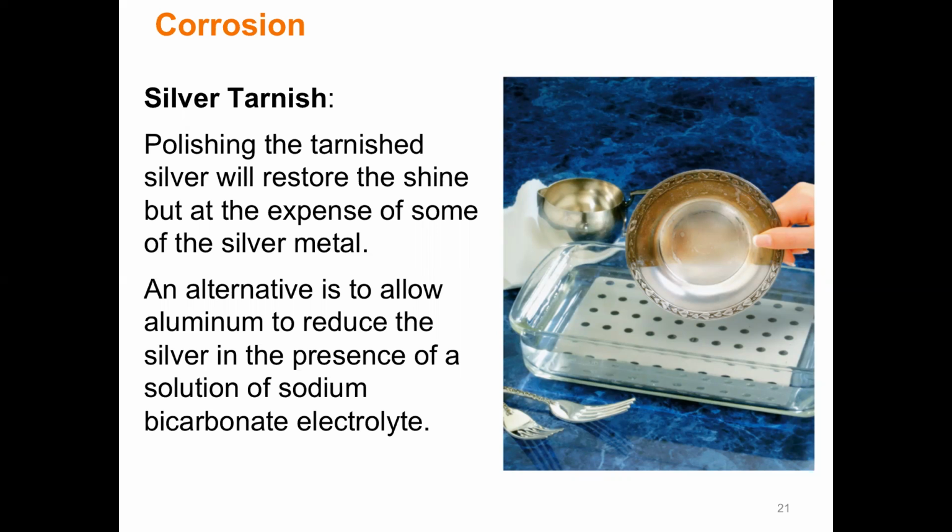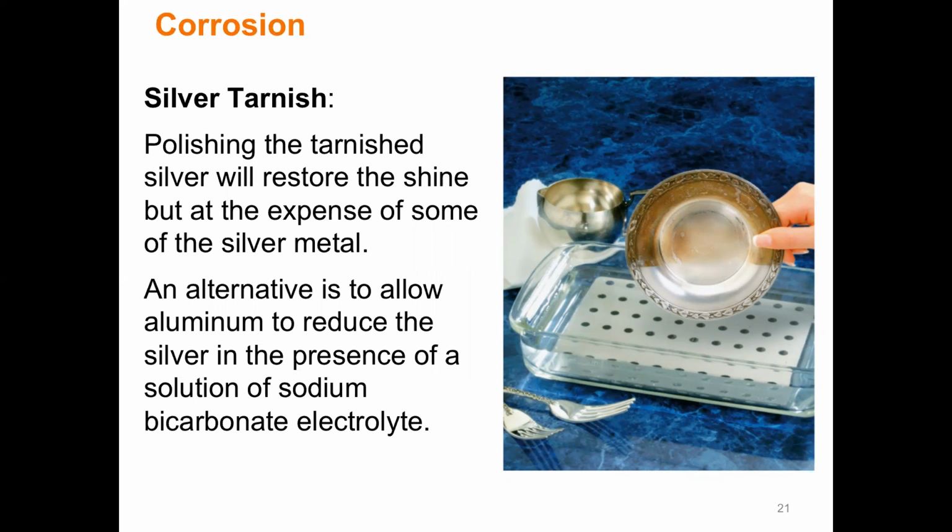The way it works then is that you want to get your silver solid back, or you want to get rid of the silver oxide or the silver sulfide that's coating your silver. One way to do that is to polish it, but if you do that, you're actually going to lose the silver. So it will restore the shine, but you're going to lose the silver in the process.